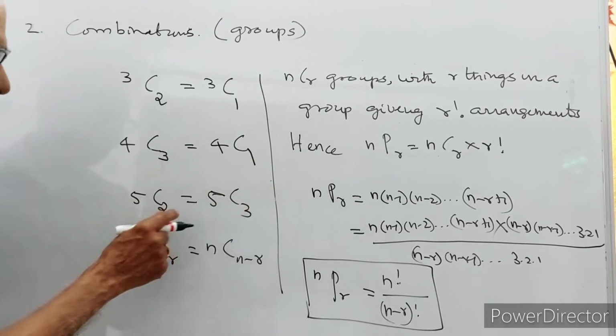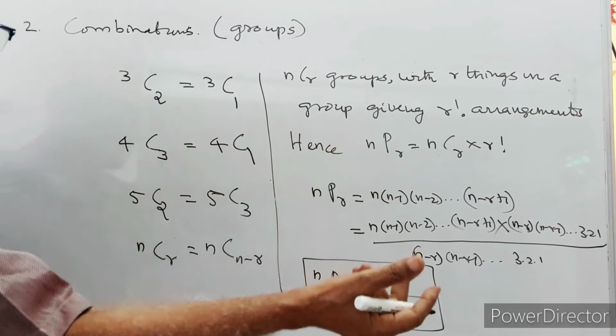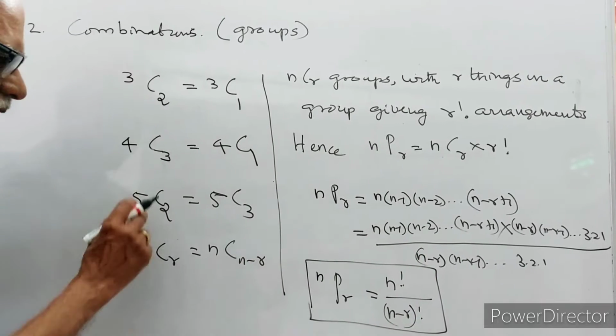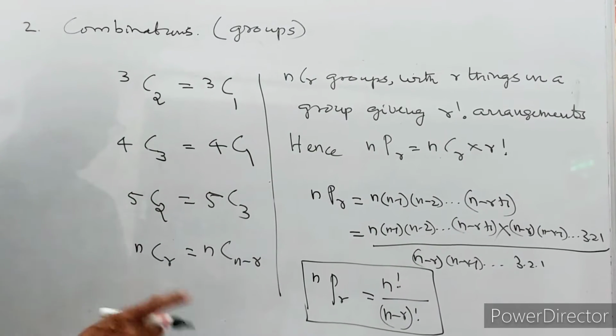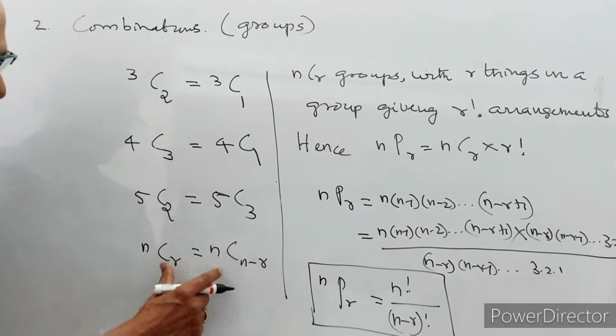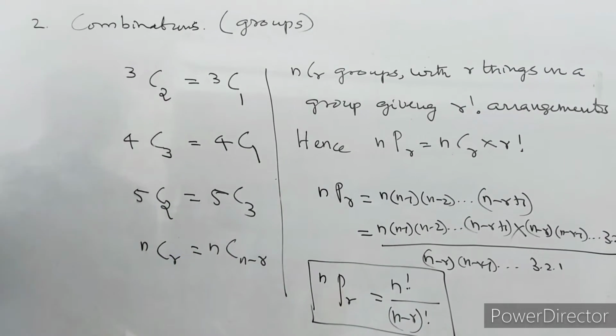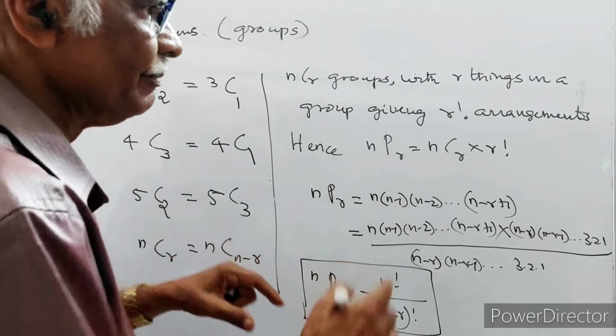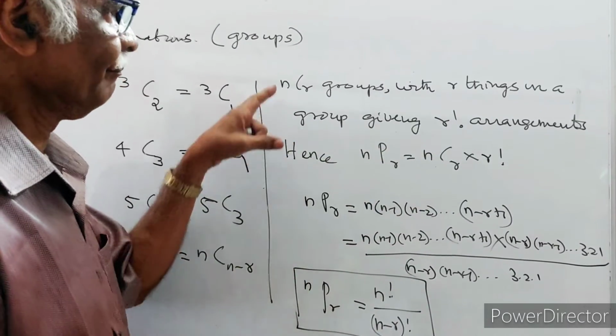So each time when you take 2 elements, there remain 3 elements in the other group. So the number of groups will be the same. So in general, nCr is nC(n-r). This result is important.